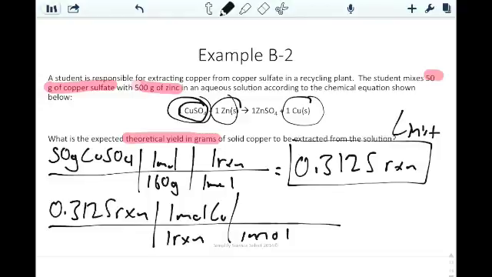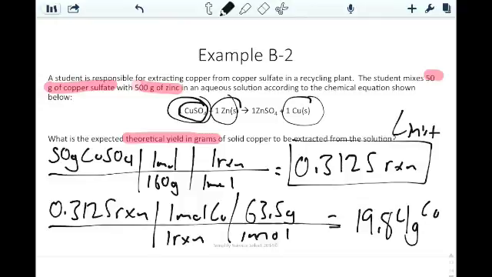So 1 mole, and our copper is around 63.5 grams. Go ahead and multiply that out, and we should get right around 19.84 grams of copper, and that would be our theoretical yield.